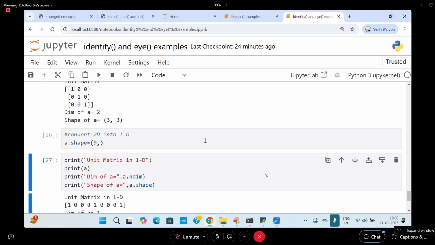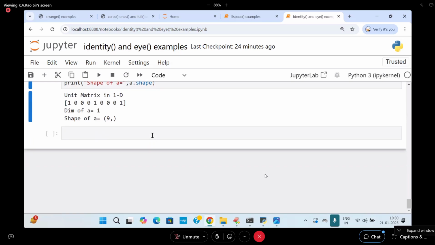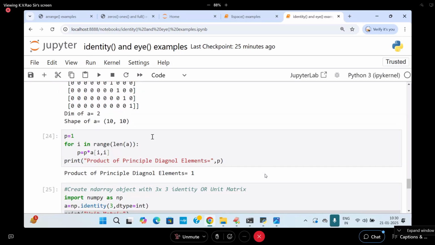This is called what? Which matrix? Identity matrix. Okay, so now my requirement is like this.